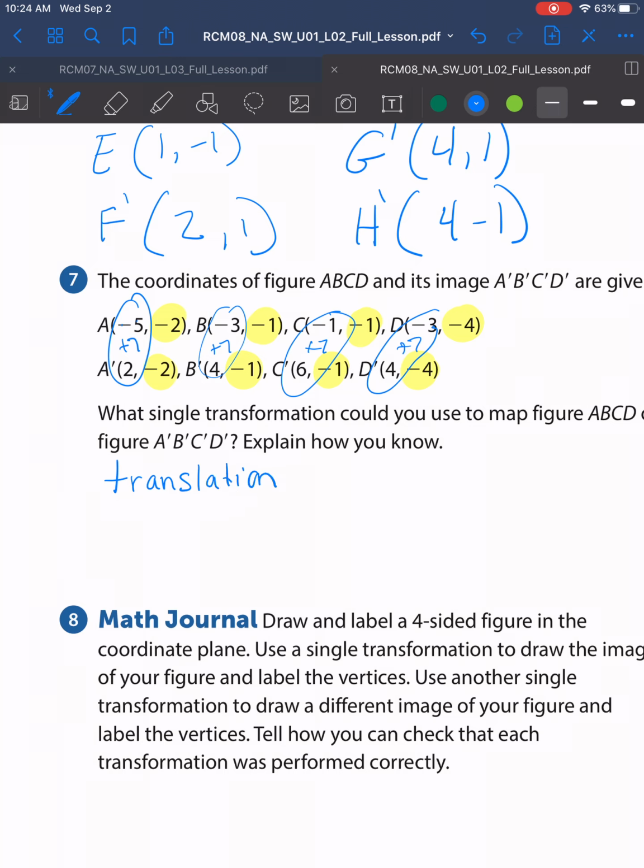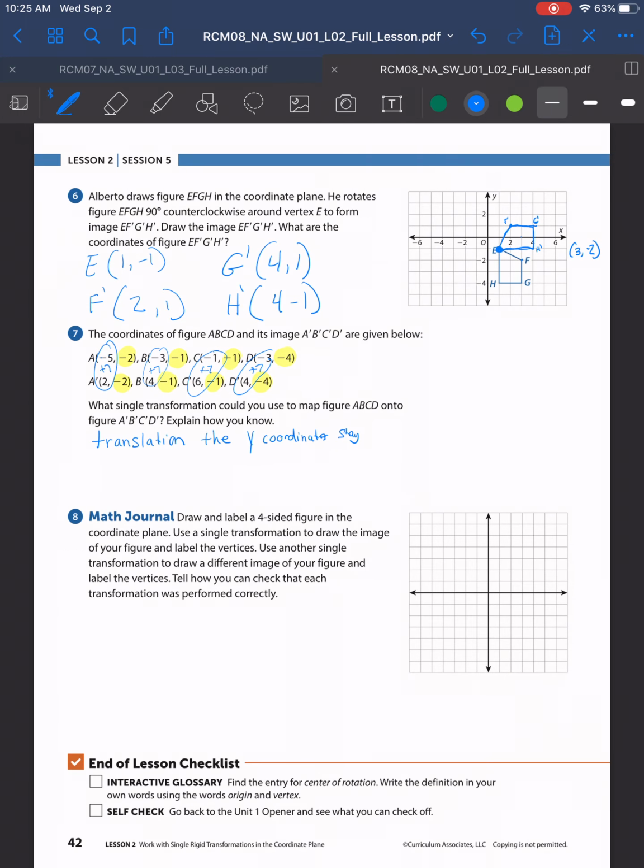So a translation, the y-coordinates stay the same, but the x-coordinates increase by 7 units.